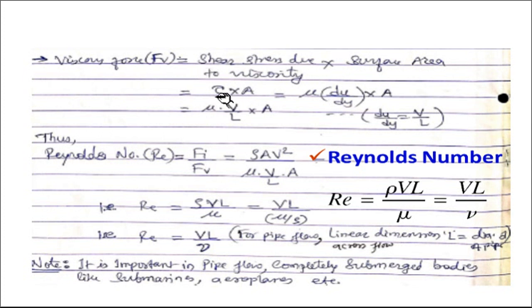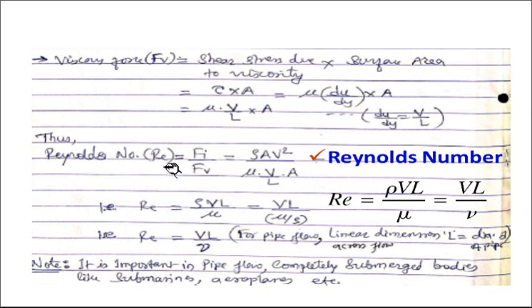Further, shear stress can be expressed as mu into du by dy, as per Newton's law of viscosity, tau equal to mu du by dy into area. Du by dy can be written as v by L, a velocity gradient, so velocity per unit length. So you have mu into v by L into a.